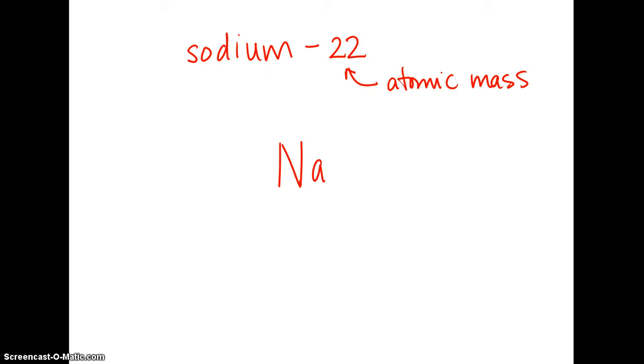So, in terms of sodium, you looked at sodium and you saw, oh, it had an atomic number of 11. So that means it has 11 protons. I look up here and I see that it has the atomic mass of 22. So that means if it has 11 protons, it must have 11 neutrons, and that means that it has an atomic mass of 22.